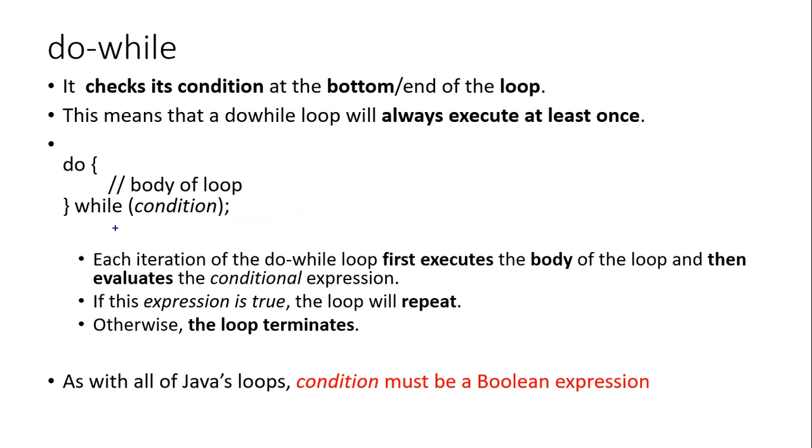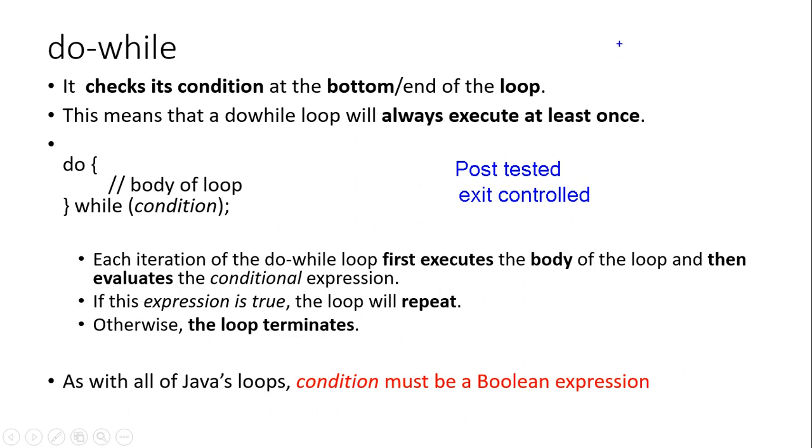Because the condition is tested at the bottom or at the end of the loop, it is also called a post-tested loop, whereas the while loop is called pre-tested. Sometimes it is also called an exit controlled loop, whereas the while loop is called an entry controlled loop.